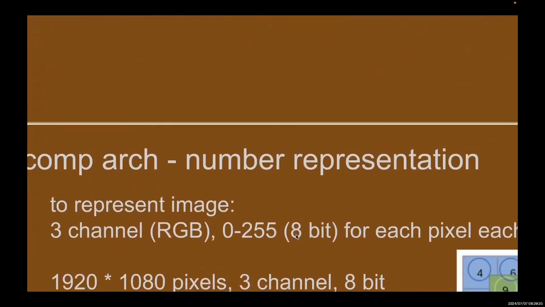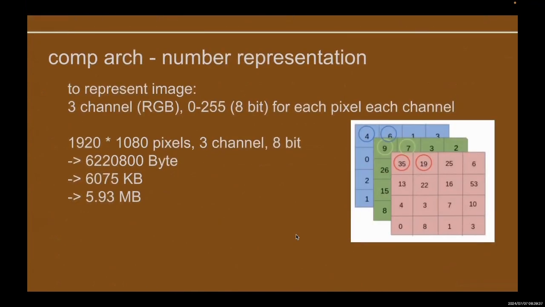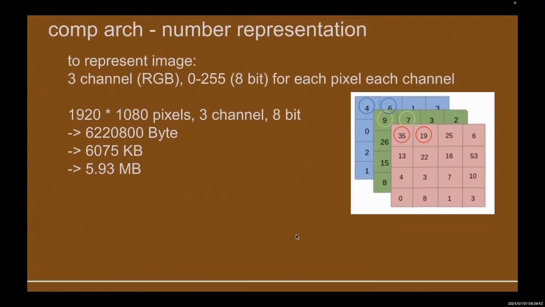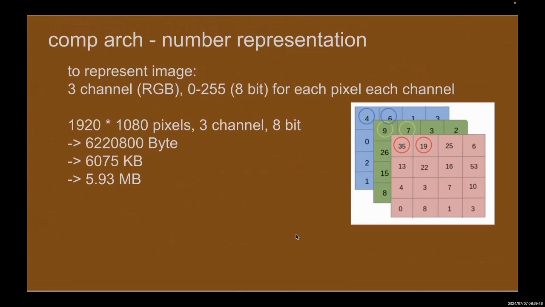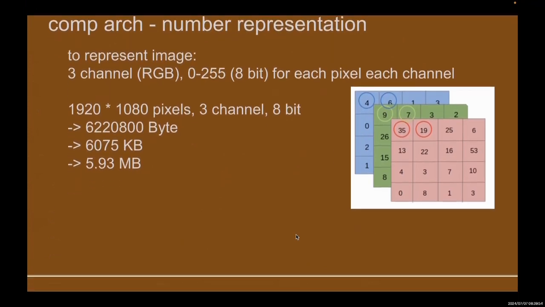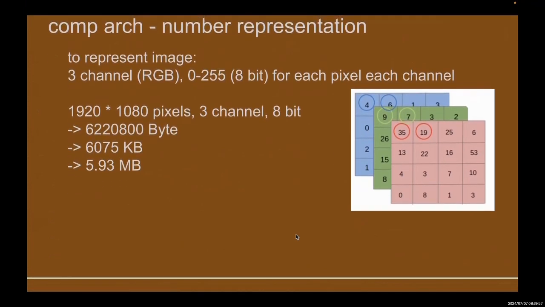Yeah. Okay, so that's text, and then we want to represent a picture or an image in computers. So an image is a lot of pixels, right? And it's 3 channels, which is RGB. So we got a picture which has so many pixels like this, and it has 3 channels like RGB.